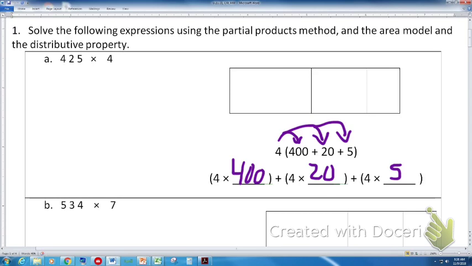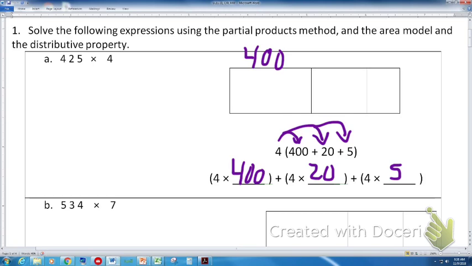Now right here is our area model. As you can see, it's broken up into 3 portions of different sizes. These sizes correspond to the numbers of our 425. Our largest one is going to be 400, so above it we put 400.